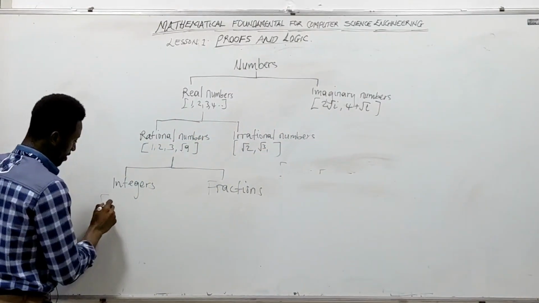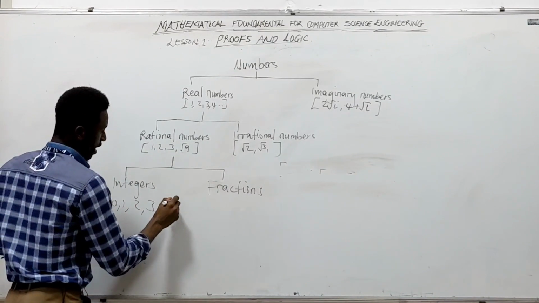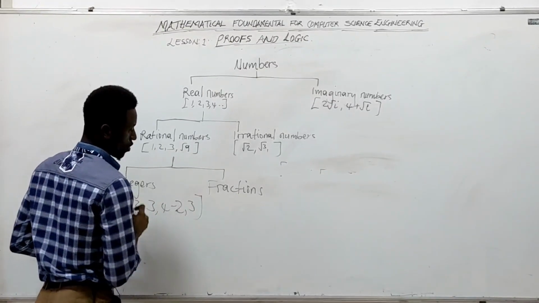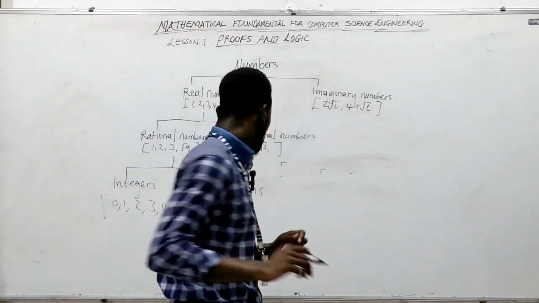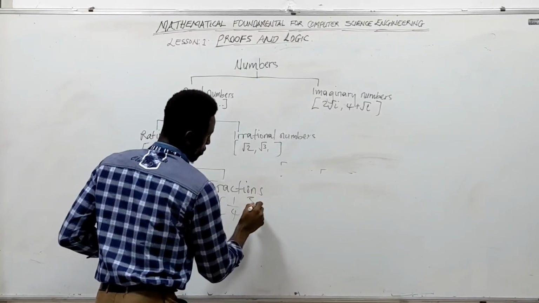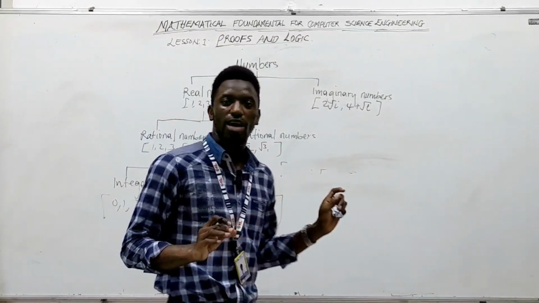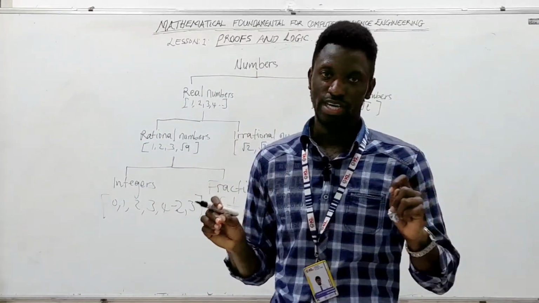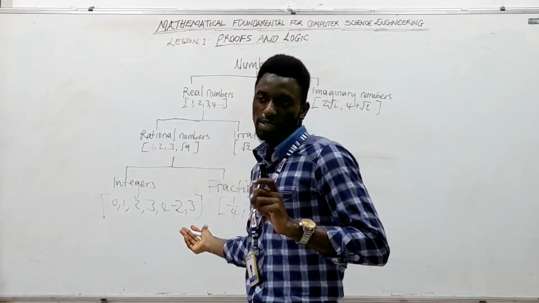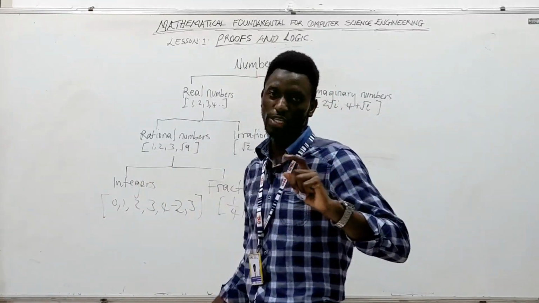Examples here are 0, 1, 2, 3, 4, minus 2, minus 3, and so on. For fractions, we have 1 over 4, 3 over 5. These have a numerator and a denominator. They are further divided into different parts, but for today's lesson, I don't want to proceed on this because this one is a topic on its own.